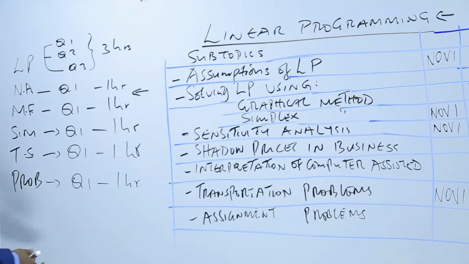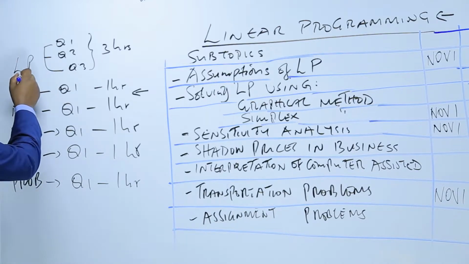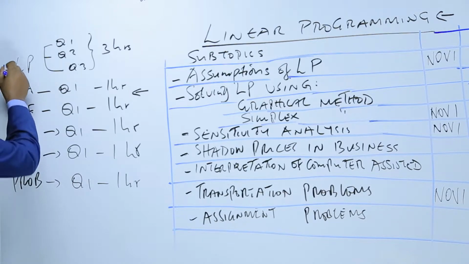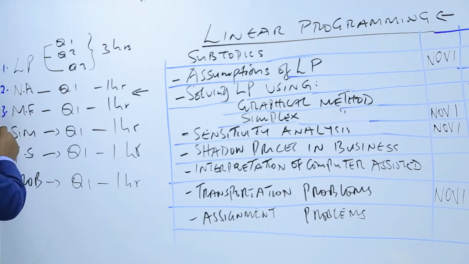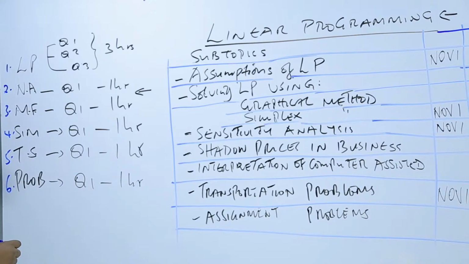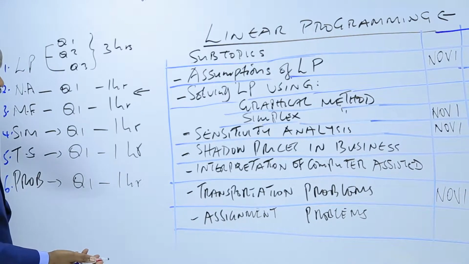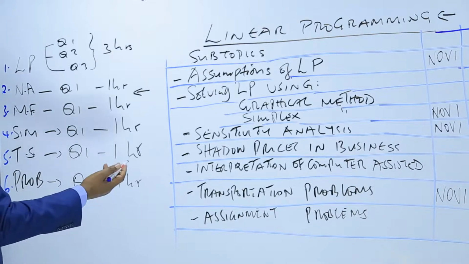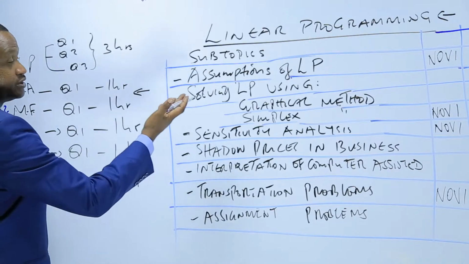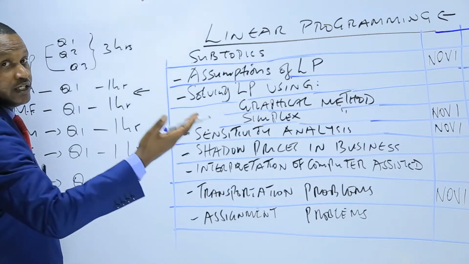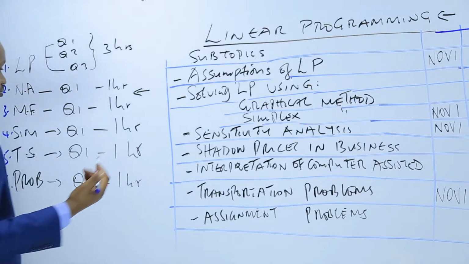So that in a day, you can see I will have revised from, this is 1, 2, 3, 4, 5, 6, from 6 topics. Then remember this subject, there are 11 topics.